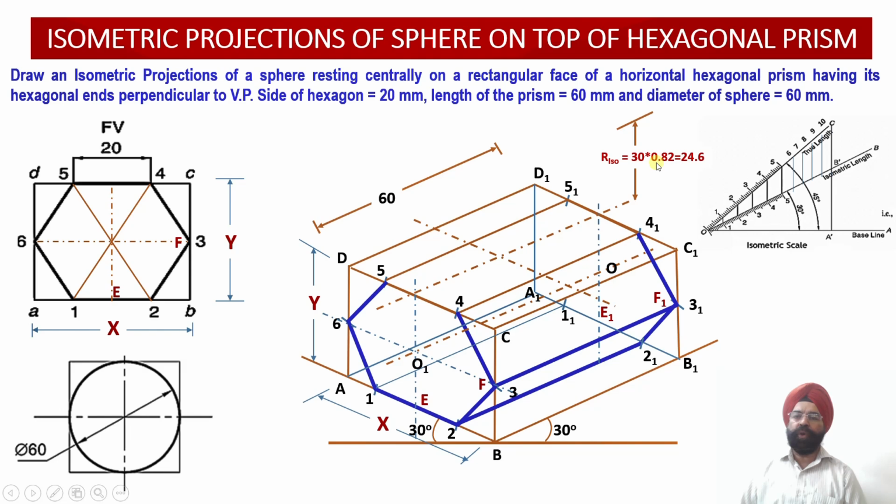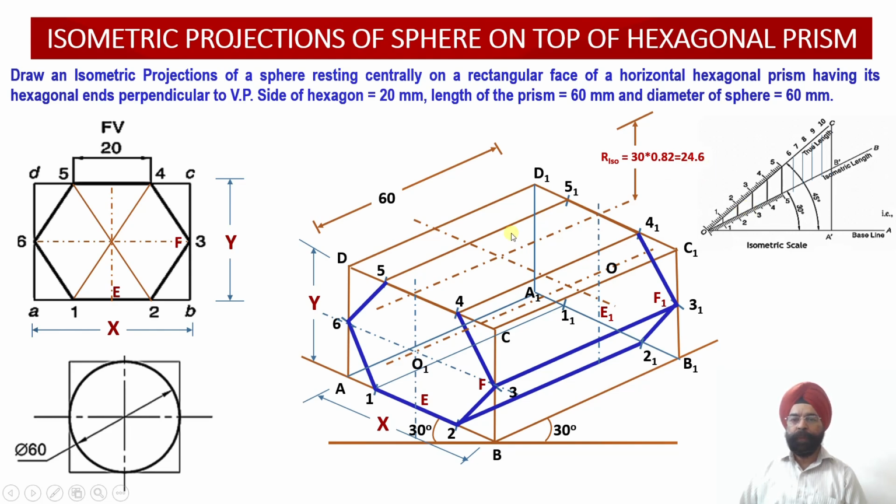So even if we don't want to use mathematics over here, we have the isometric scale. Rather, we are using it just for the purpose of showing you how much reduction there is. That is why I have multiplied these two values. Otherwise we would have taken this value only. So the value obtained on the isometric length scale is 24.6.